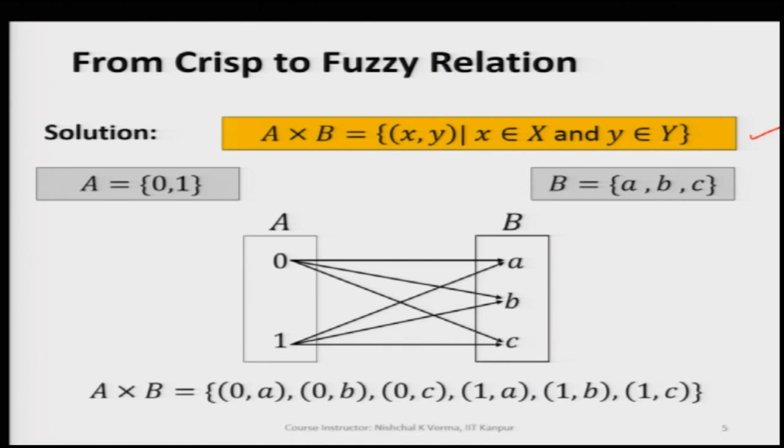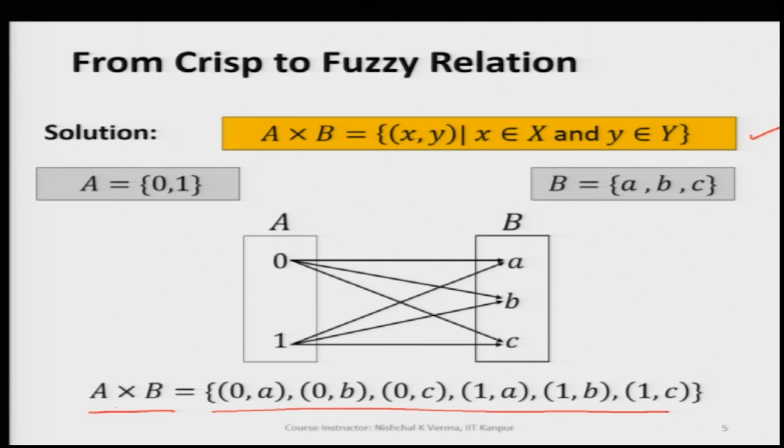If we take the Cartesian product A cross B, please understand that these sets are crisp sets. Once again, the Cartesian product of crisp set A and crisp set B is going to be all the ordered pairs formed from elements of A and B.